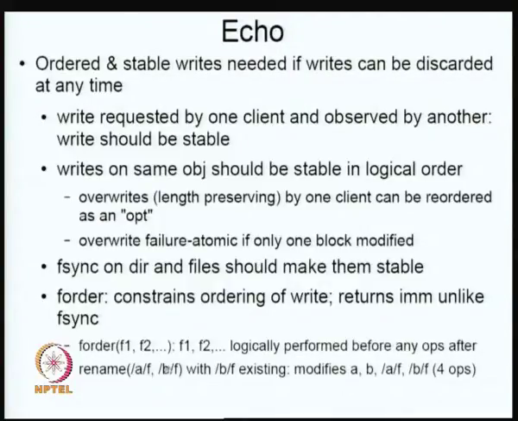Now the reason why this is important is that consider, for example, a rename operation. Rename is a fairly complex operation for a file system to handle, because what are we doing when we rename? This is the source and this is the target, and basically what we are saying is that I am going to graft this tree at this place. That means a whole tree is getting moved from one place to another place.